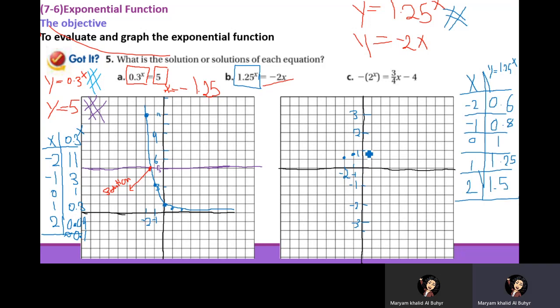Once you have 0, it is 1. Once you have 1, it's 1.25, which is here. Since this is 1.5, that means half of the square will be 1.25, which is a quarter. Now here you have, once you have 2, it's 1.5, which is here. So I can tell you that this is your graph.